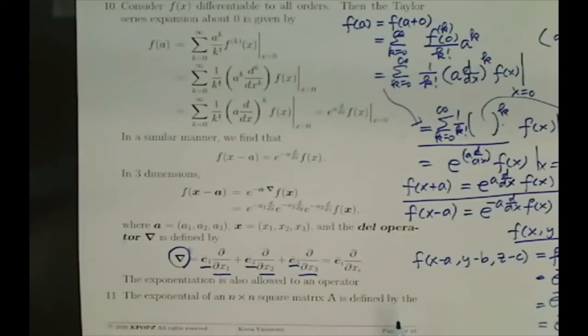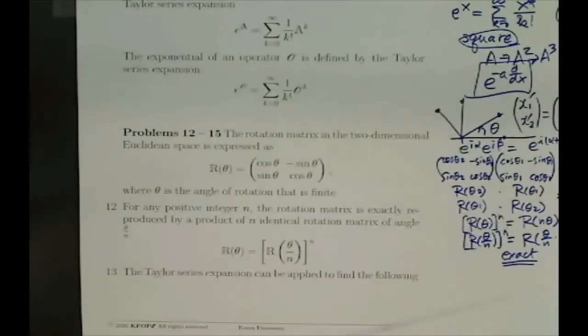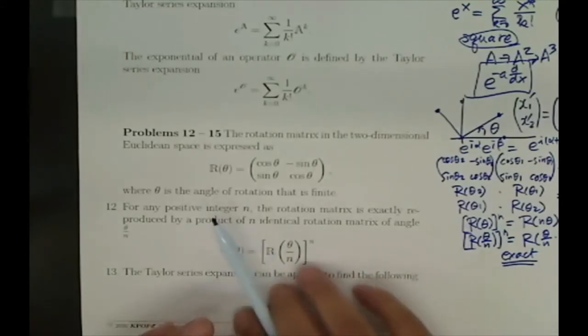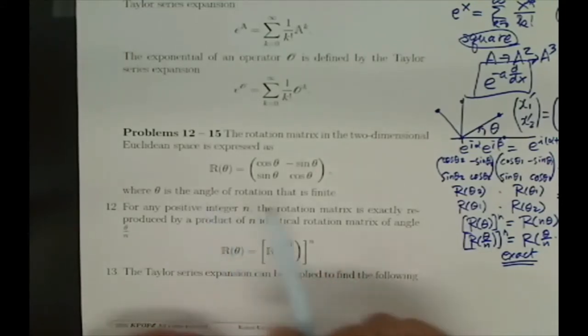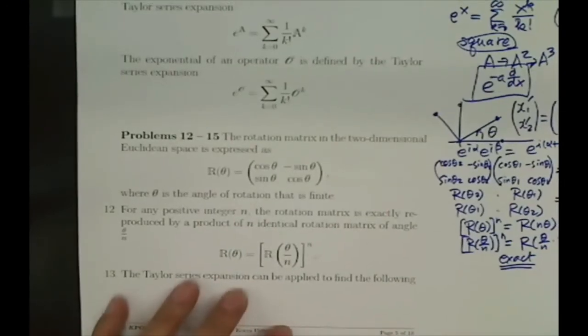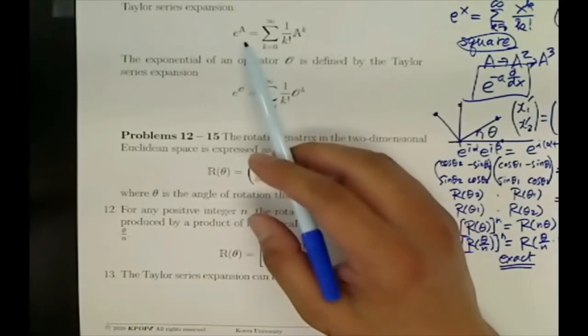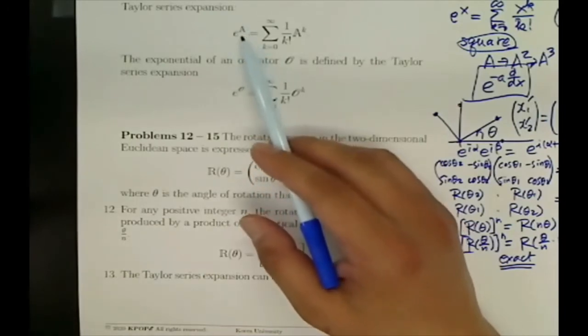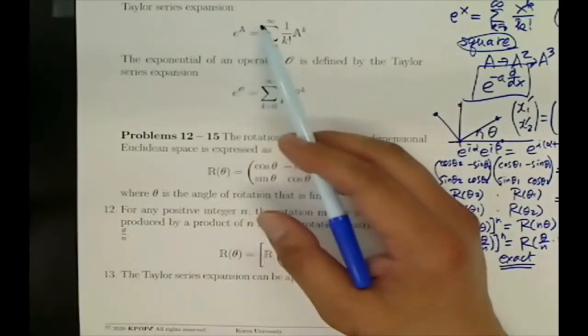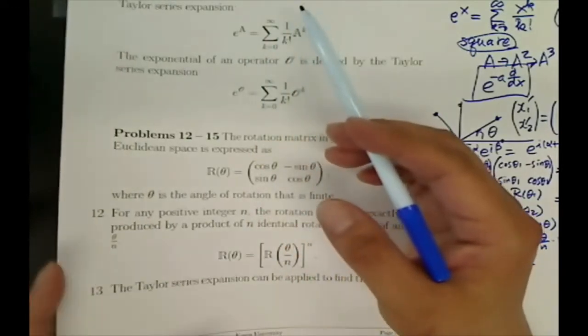This kind of explanation can be applied to the matrix. For example, Taylor series expansion can be made for the exponential of a matrix.